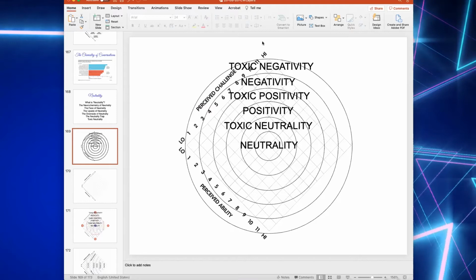So I may need an intervention, but I do believe as we move into the increasingly inner rings, our ability to self-manage increases. And I guess I could say, do you think someone who is of a negative energy is more or less able to self-manage than someone who's in a positive energy?